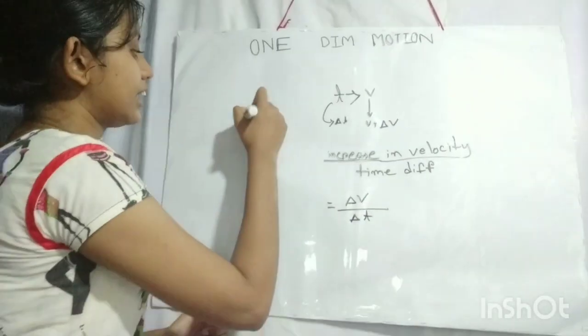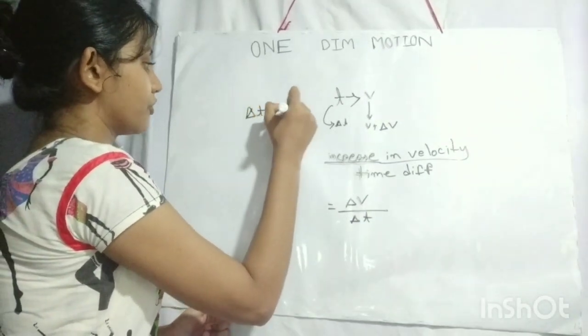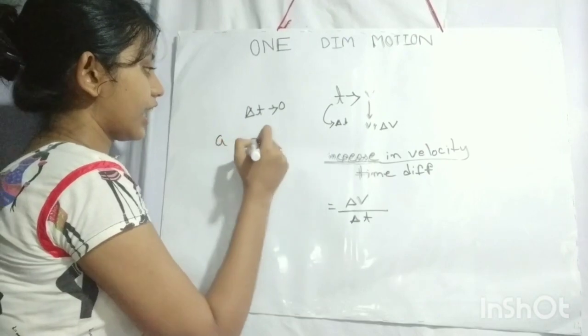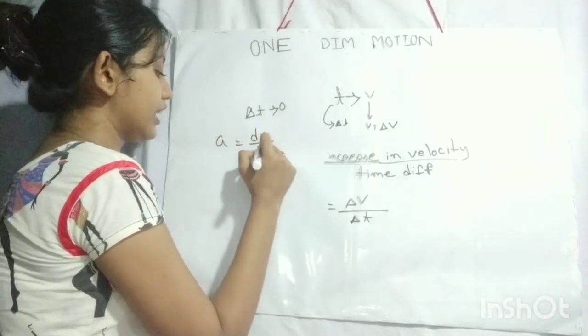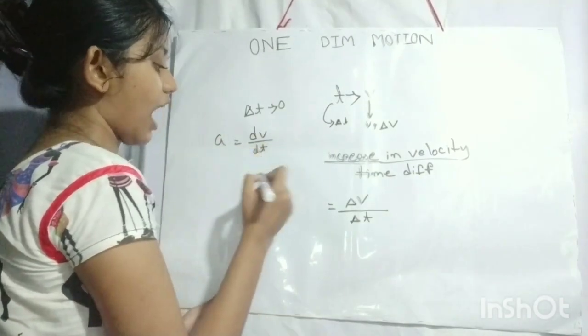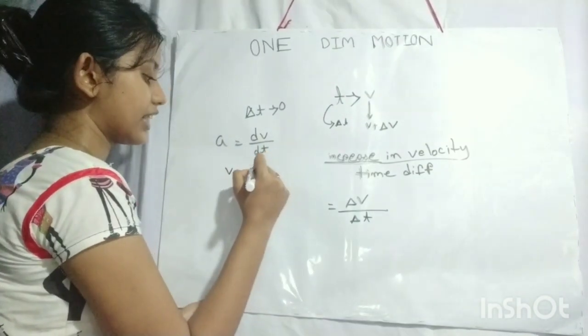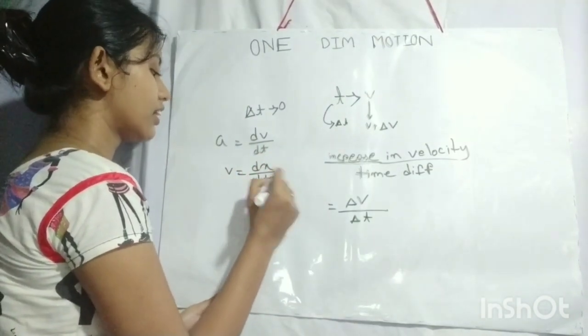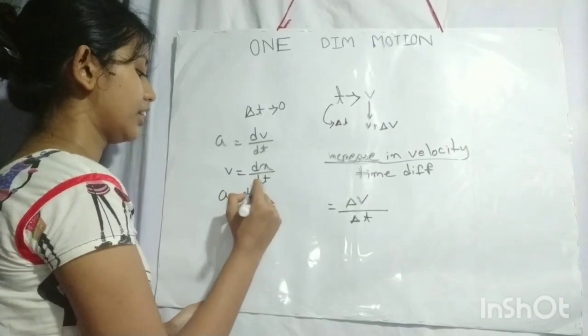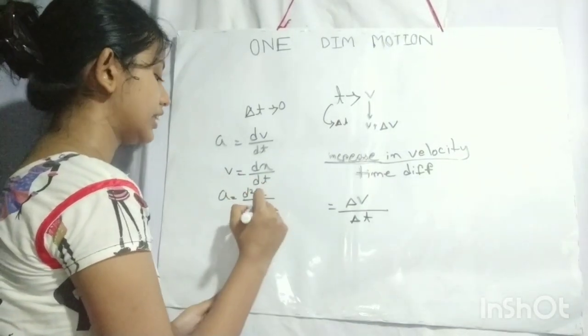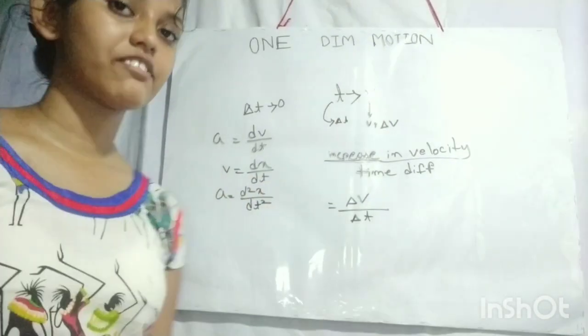If delta t tends to 0, then the acceleration equals dv by dt. I have already discussed that v equals dx by dt, so a equals d2x by dt2, which is the double derivative of the displacement.